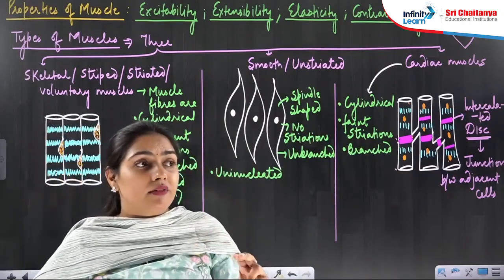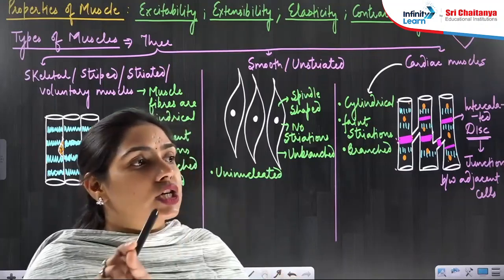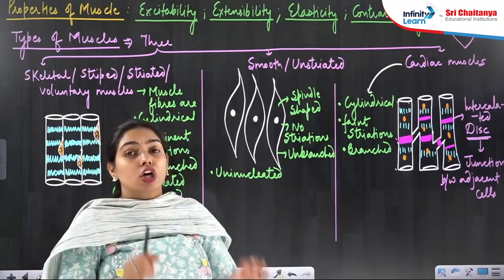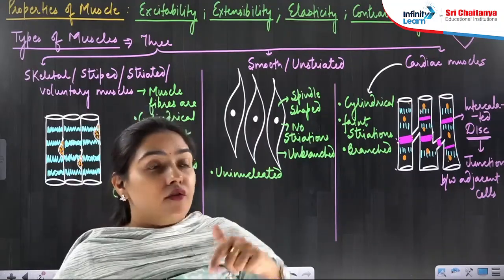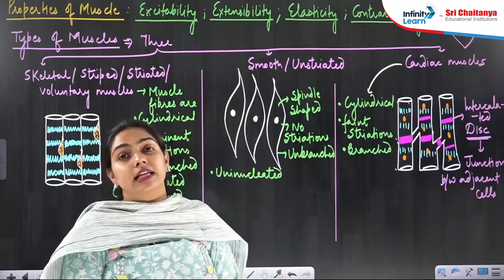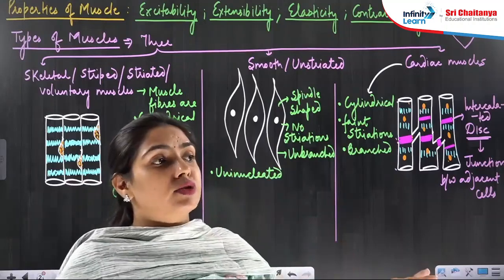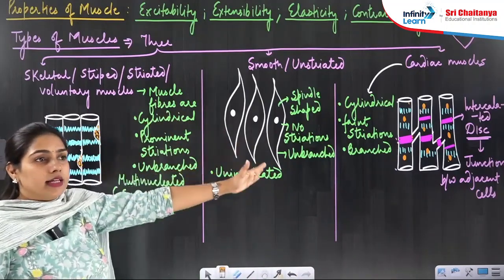And these 8 muscle fibers, they have a junction between the cells, and that junction is known as, beta, intercalated disc. So if somebody will ask you intercalated disc is present in which muscles? Intercalated disc is present in cardiac muscles. If somebody will ask you intercalated disc is absent in which muscles? In both the skeletal and smooth muscles, right?